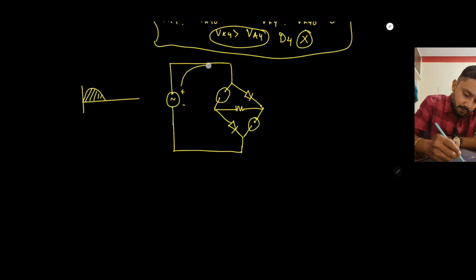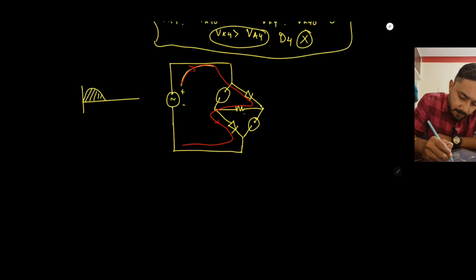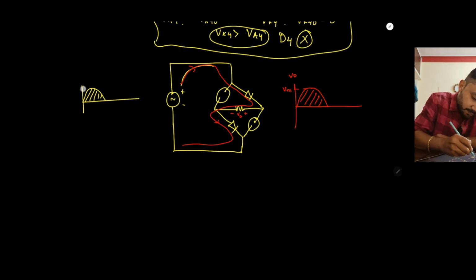So the current will flow like this. Okay. So what will be the voltage across the load now? V0. It will be same as that of the source. Okay.